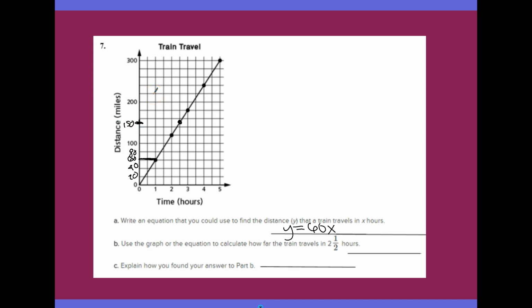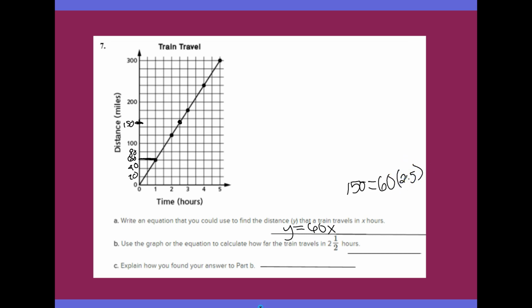Okay, so let's see if that works. So I'm going to put 150 in for y. So this is my equation. If I replace y with 150, I'm going to put 150 equals 60 and then 2.5 hours to make sure that works. So 2.5.